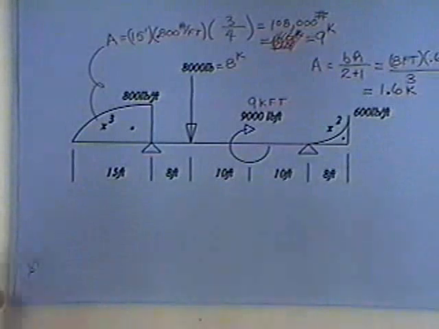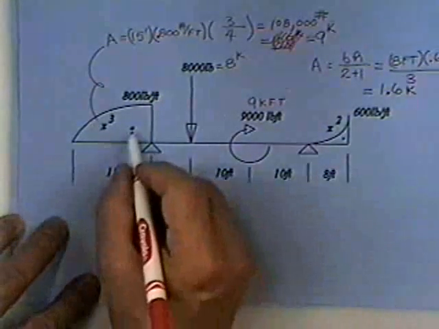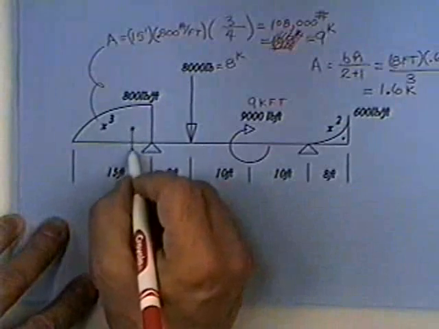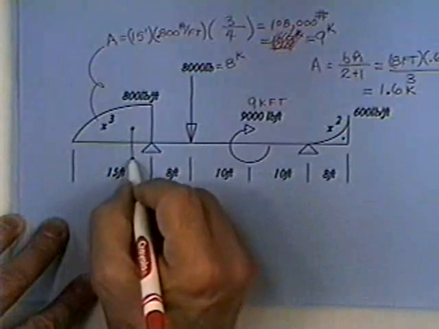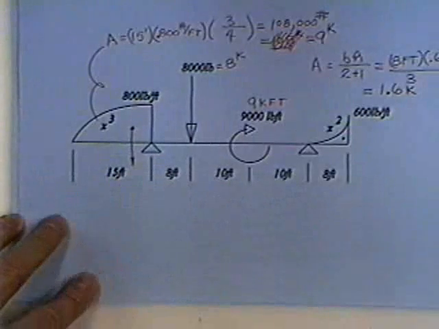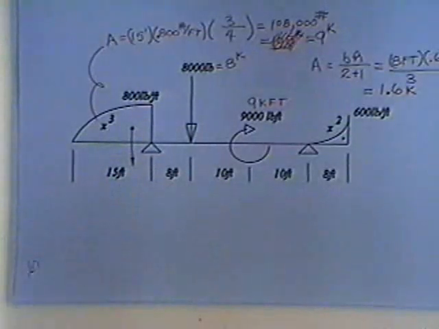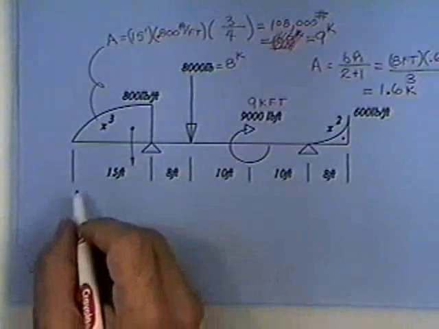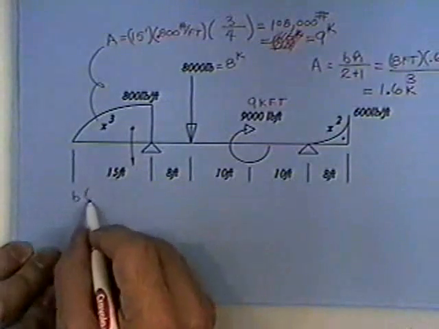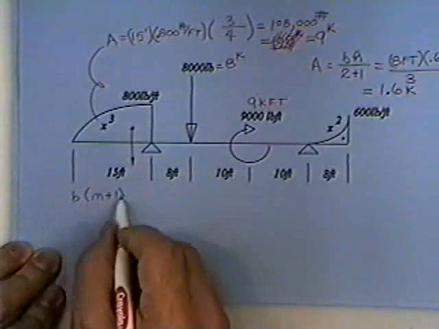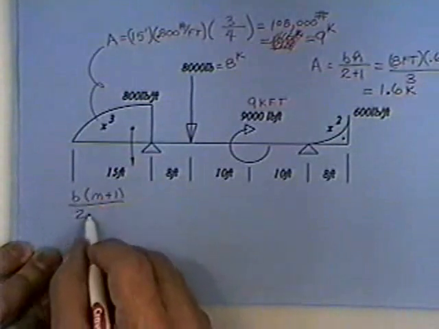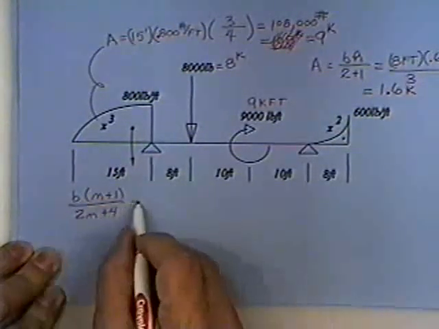All right. Now I need to know where these loads can be placed. Over on the parabola, I guessed it was right in that area, kind of where the fat part of the parabola is. According to sheet A2, the centroid of a fat parabola, or a fat cubic, or a fat any power curve, from the fat end of the figure is its base times n plus 1 divided by 2n plus 4.